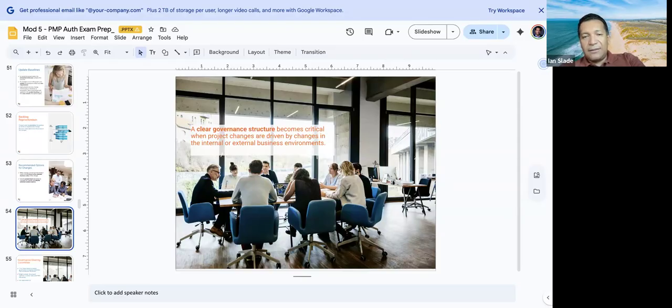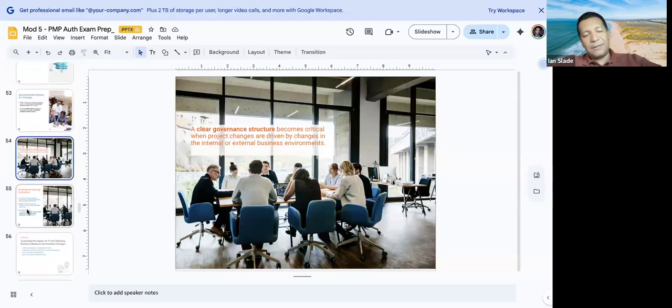So you need different voices represented in your governance structure for it to work. Otherwise, you start creating decisions in a silo, and when you start going live with especially big project like this, 24 stories, you'll find that, oh, we forgot this group and we didn't consider their workflow. So now you end up with a lot of rework.